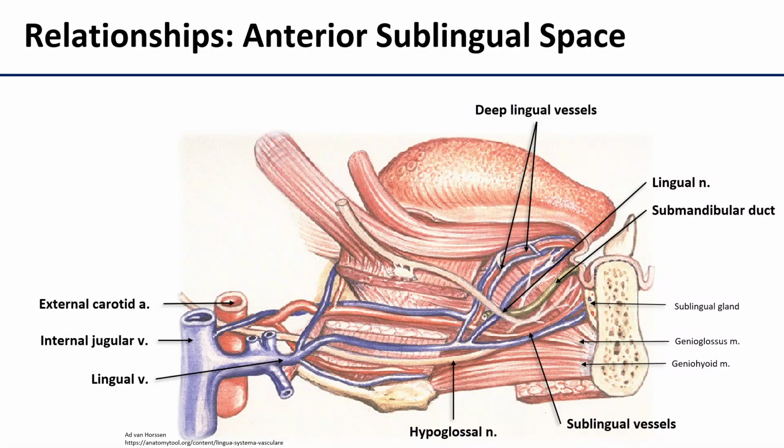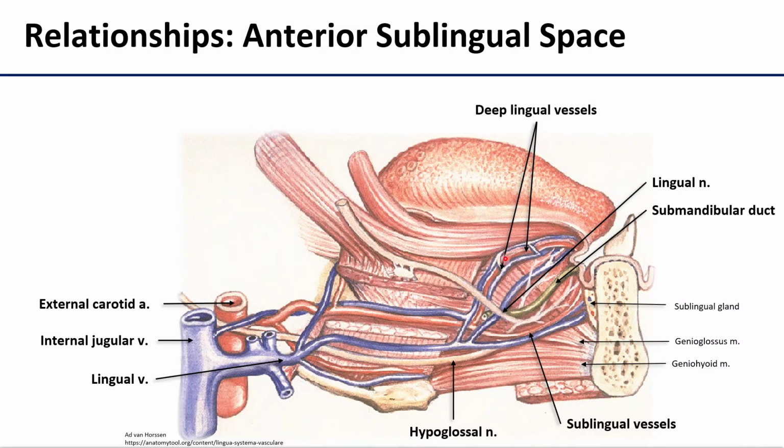The hyoglossus muscle also separates the sublingual space into a posterior and anterior compartment, with the hyoglossus muscle sitting entirely within that posterior space. Anteriorly, we have a pretty clear view of the genioglossus muscle here, and that is what, remember, divides the sublingual space into right and left.